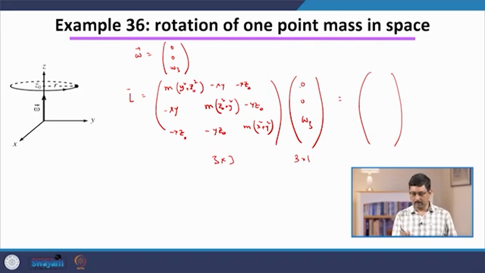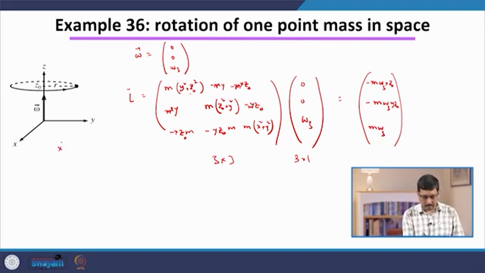What you get: the first term gives nothing, the second term gives nothing, and every term will have an m. The third term will give m omega 3 x z naught. Similarly, the second term is going to be minus m omega 3 y z naught, and the third term is going to be m omega 3 times x square plus y square, which from the figure is r square.